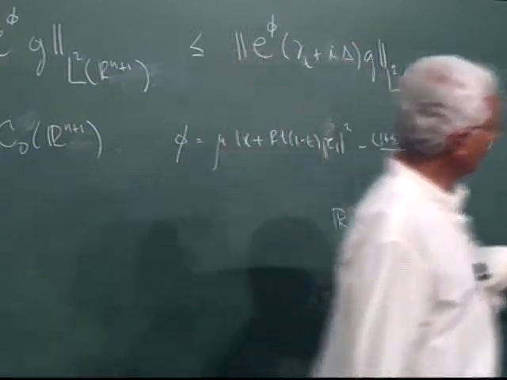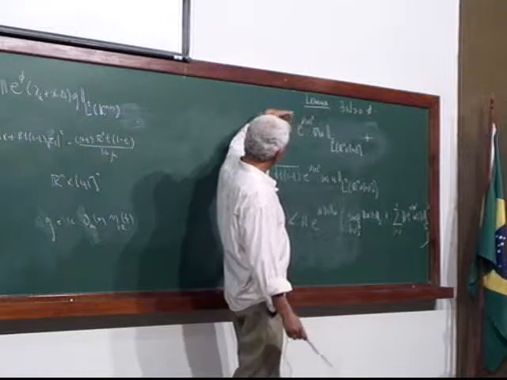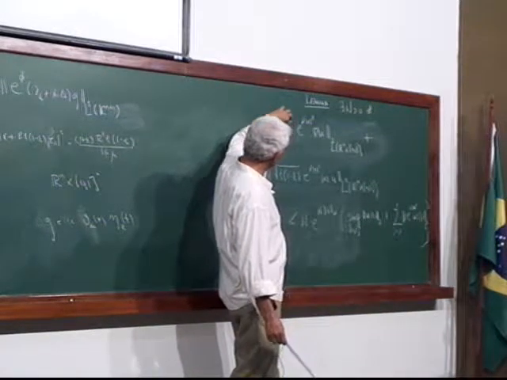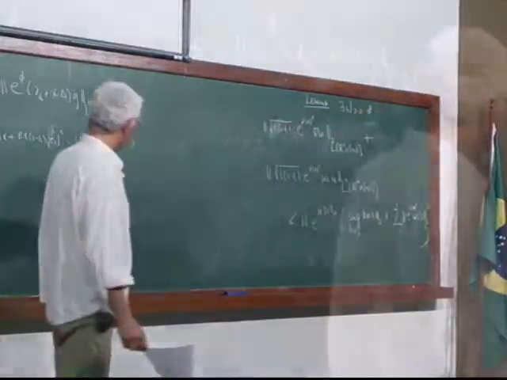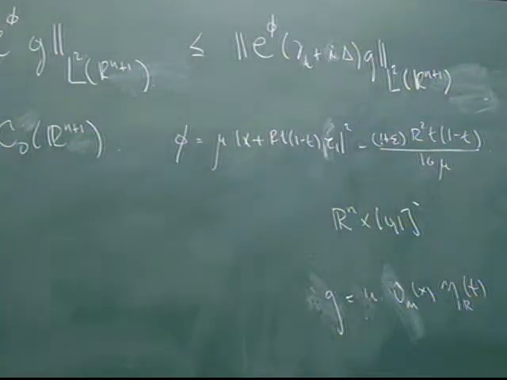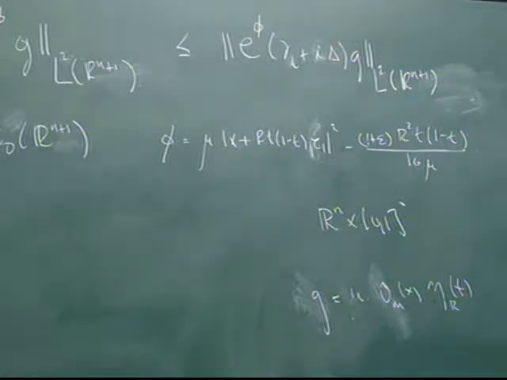But you are okay because this is exactly what gives you the control of the gradient, and this is okay because you are far from the boundary. This is a bad estimate close to the boundary. When t is equal to 0 or t equal to 1, you don't get anything, but this is not what you have. This part here gives you the control. Then we have to prove that. If we prove that, we are okay. Let's prove that.